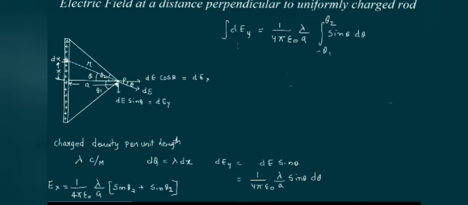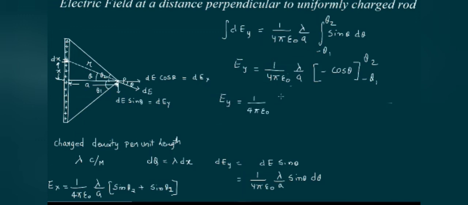Similarly, we have to integrate for dEy. We will get Ey as 1 by 4 pi epsilon naught lambda by a, and if you integrate sin theta with respect to theta with the limits of minus theta 1 to theta 2, we will get minus cos theta. If you integrate sin theta, we will get minus cos theta; if you integrate cos theta, we will get sin theta. So Ey becomes 1 by 4 pi epsilon lambda by a, minus cos theta 2 minus cos of minus theta 1.